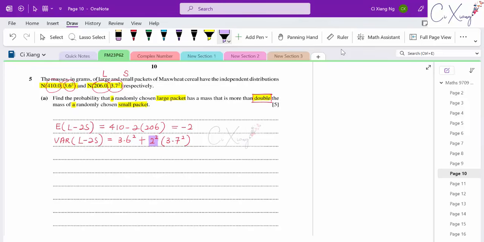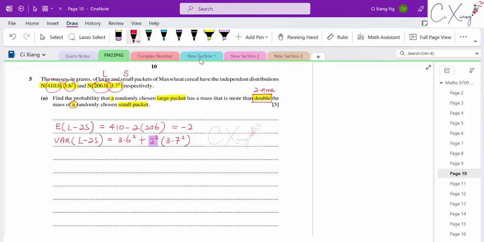We need to have 2 square when the calculation is about double, triple, or times the original value s. As an example, the keyword here will be double. Double means 2 times the mass of one randomly chosen small packet. So this one means that we have one small packet times 2. Therefore, when we want to calculate the variance, it should be having 2 square.